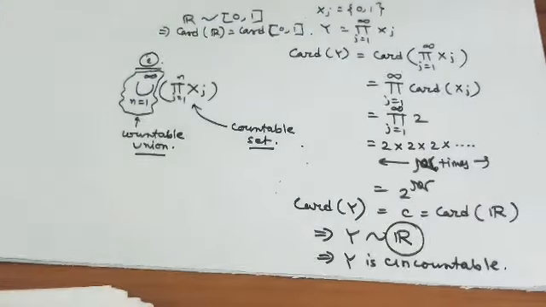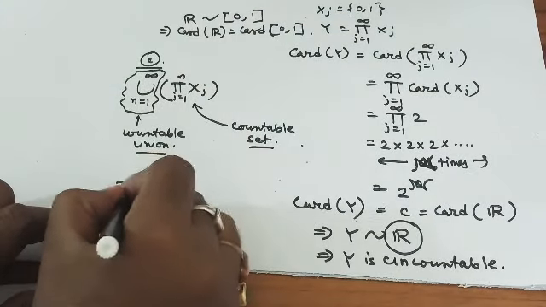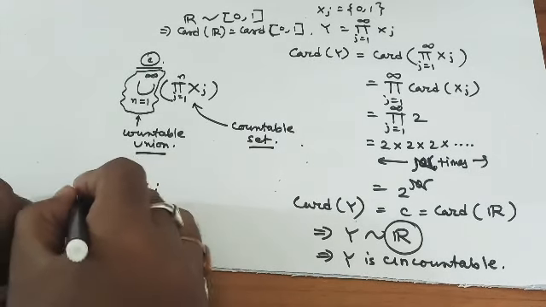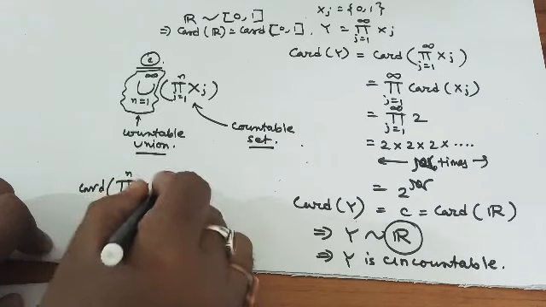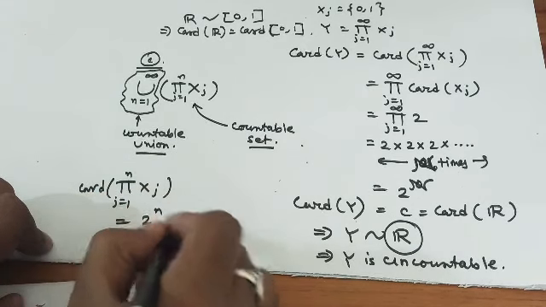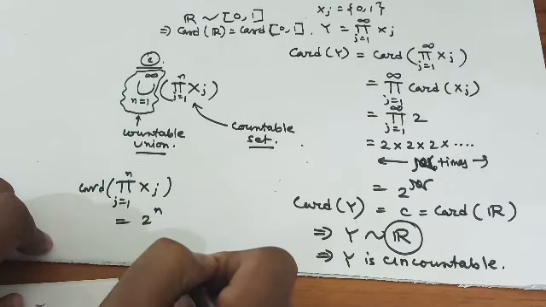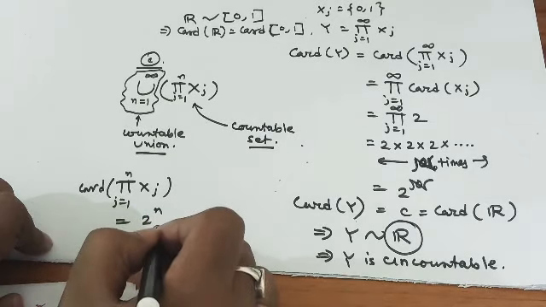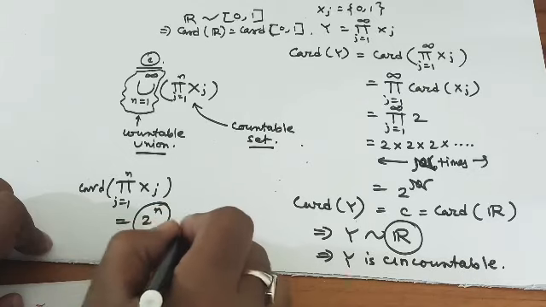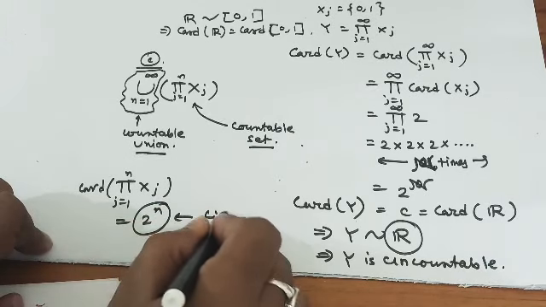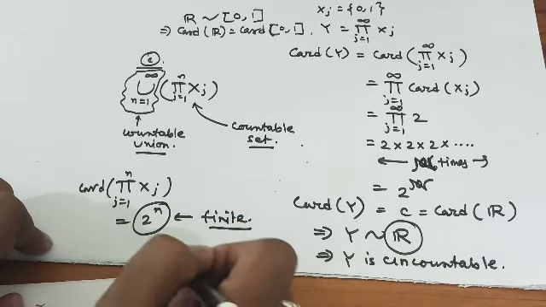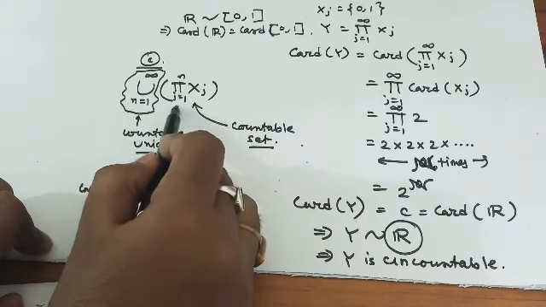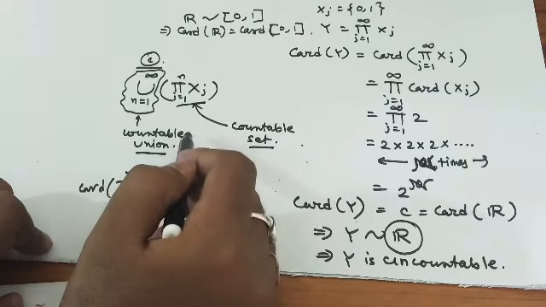Look at this product of Xj, j runs from 1 to n. If you consider the cardinality of this set, it is nothing but 2 to the power n. Verify and let me know in the comment section; just simple arithmetic, nothing special. So 2 to the power n is basically a finite quantity. Thus the set inside this union is a countable set.